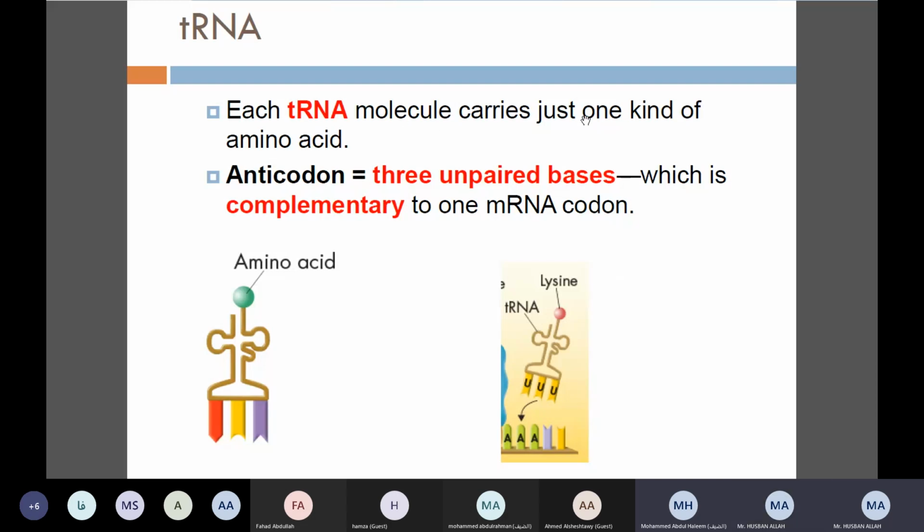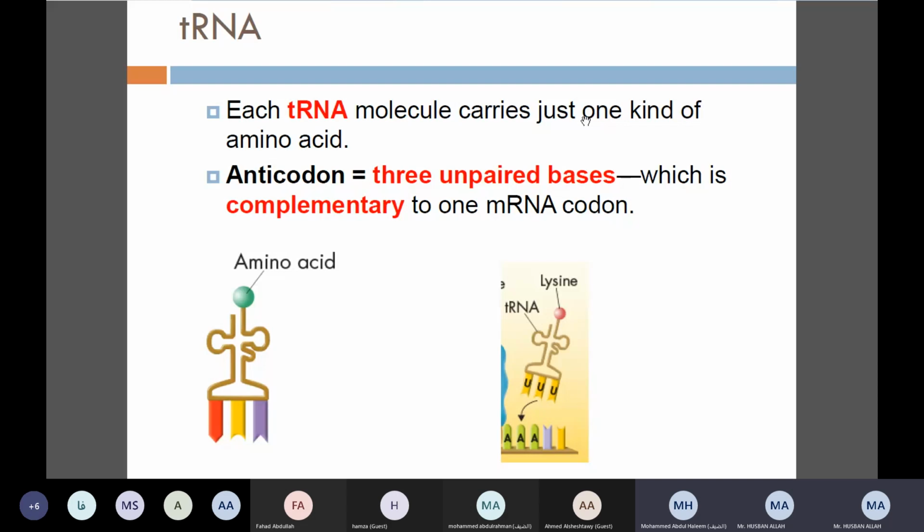Each transfer RNA molecule carries just one kind of amino acid. So for each amino acid, we will have a different transfer RNA, right? Transfer RNA will be different for all the amino acids. How many amino acids do we have? 20, right? But in this example which we studied, it's 3, so we need only 3 transfer RNAs.